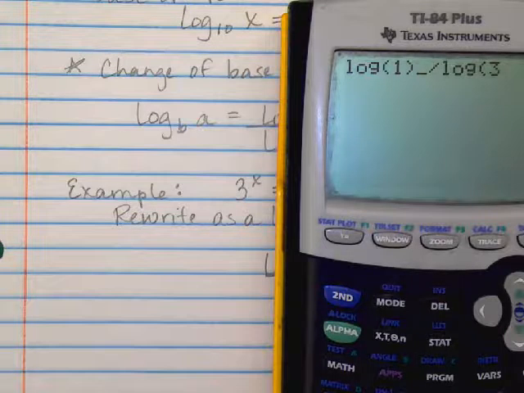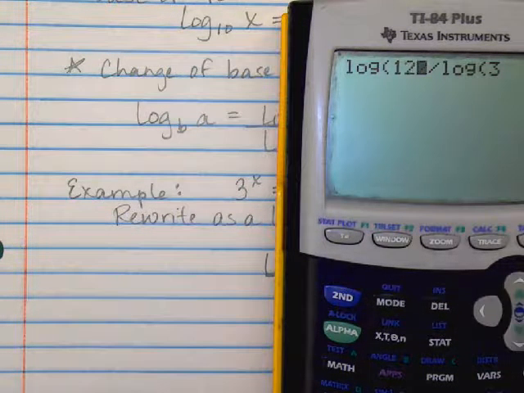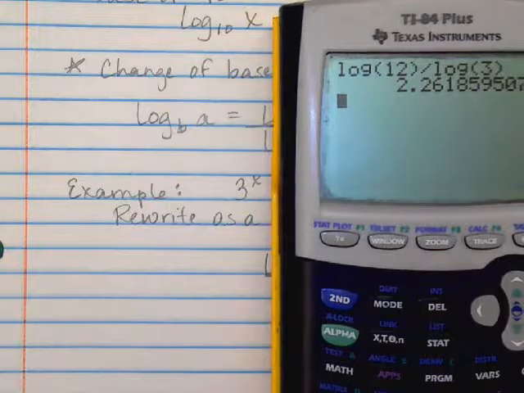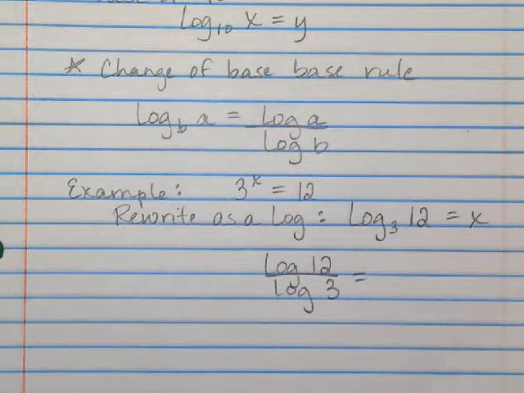So I need to put in that second parentheses. There we go. So log of 12, close the parentheses, divided by log of 3, the second parentheses isn't as important, but we'll put it in there anyway. And we get 2.26, and so on.